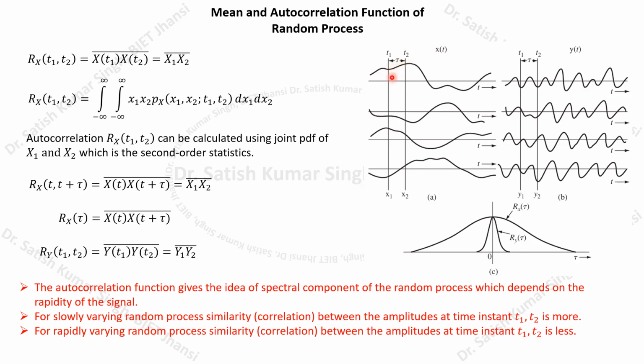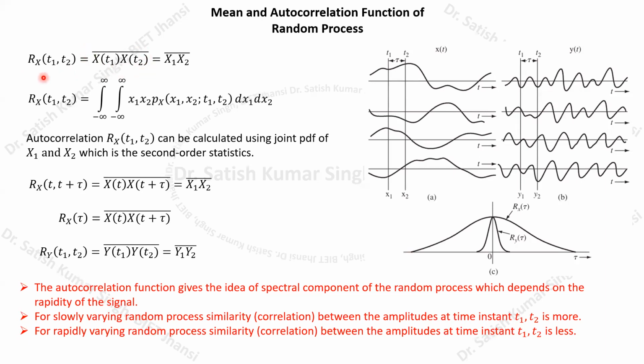In the case of a random process, we have to multiply these two signals, x(t1) multiplied with x(t2), and then average it out, right?